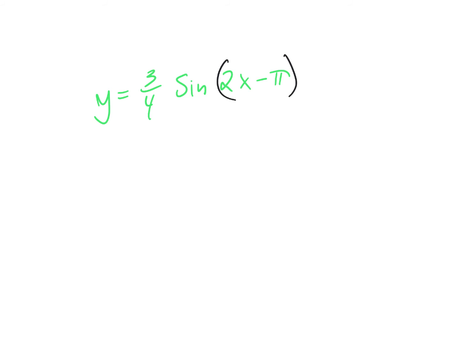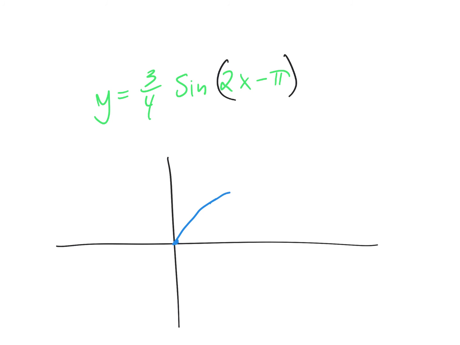So Ben, what's the parent function here? Like the most simple. Very nice. Sine starts at the origin, and that's a wave. I don't think I could have answered that any better myself.